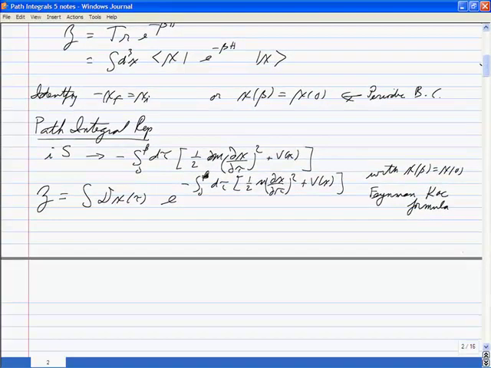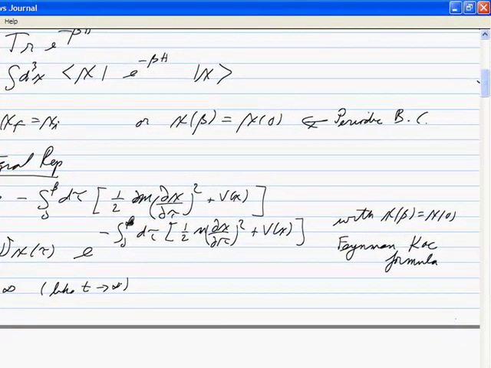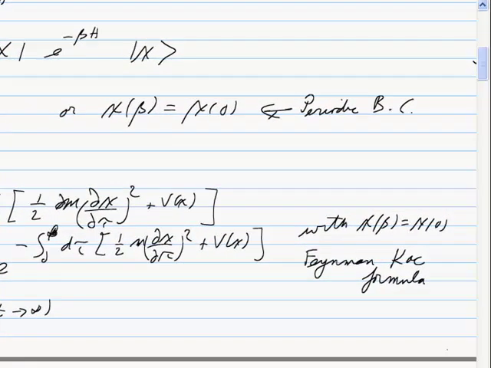Okay, and so, well, I could go on about how we use this. I'm going to go into field theory. But I do just want to make one observation before I go on, and that's as t goes to 0, then beta is going to infinity, and that's like time going to infinity, except we've gone Euclidean on it.